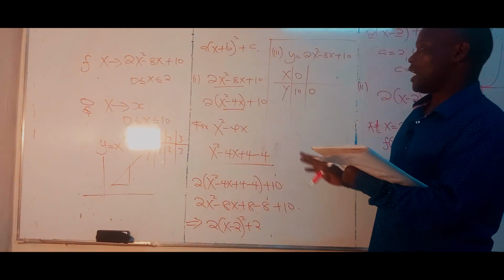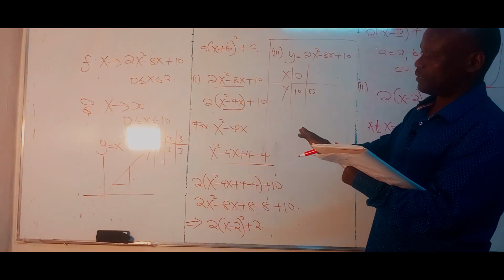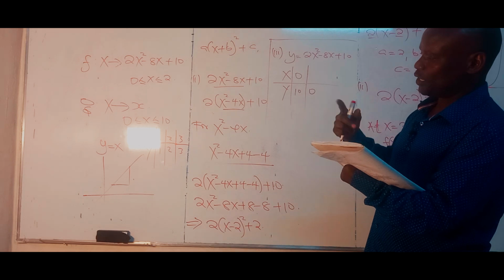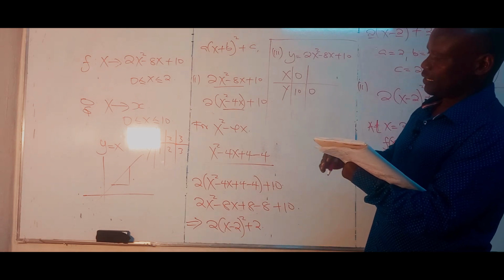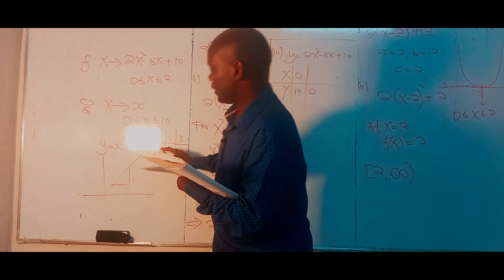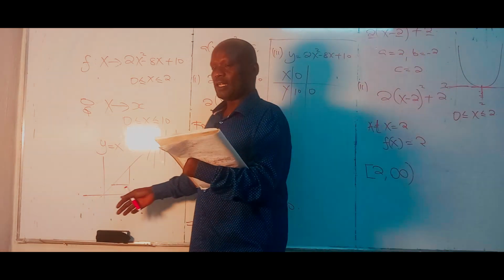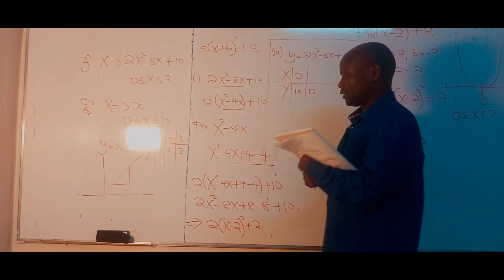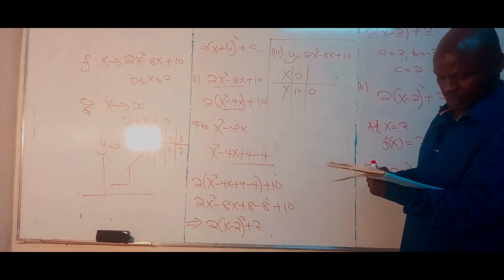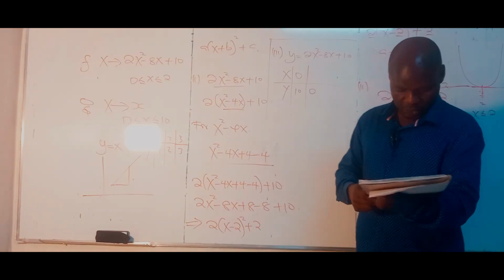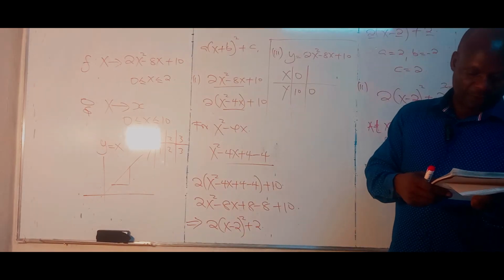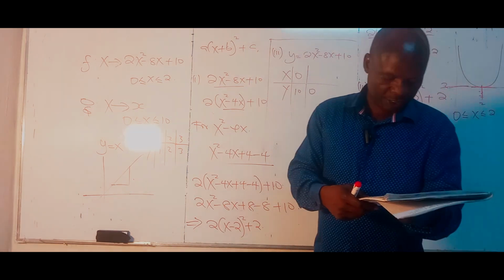Having plotted those three, you'll see that the line just passes like that. Then you have your parabola, and you also have your inverse, and then you'll see what I'm talking about.